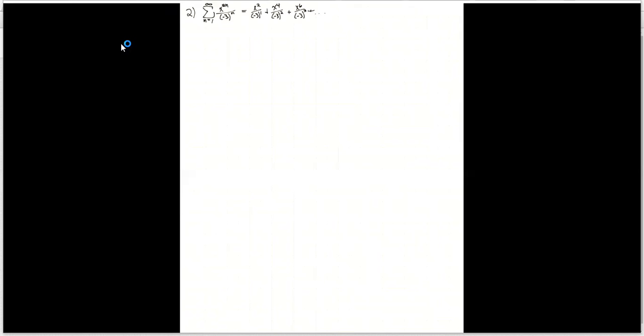Okay, so for this problem, see these powers of n, the numerator and the denominator both share. So the root test is a good place to start. We're going to define L to be the limit as n goes to infinity of the absolute value of x to the 2n over negative 3 to the n power, to the 1 over n.